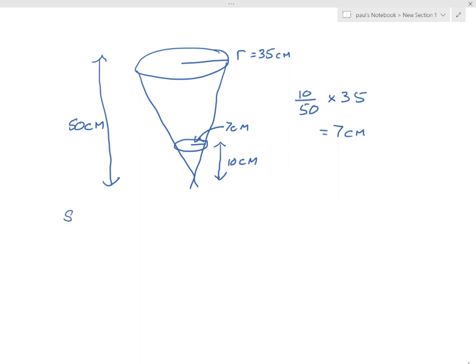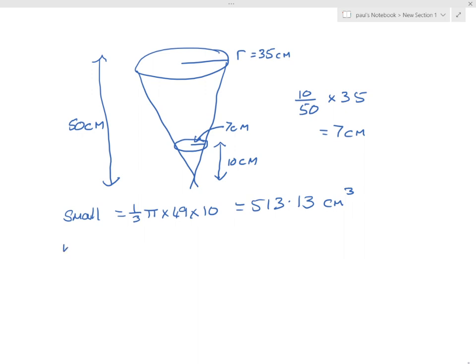Right, so the small one, I'm doing it the wrong way around now, but it doesn't matter, is 1/3 pi times the radius squared, 49, times the height, 10. So 1 divided by 3 times pi times 49 times 10 equals 513.13 centimeters cubed.